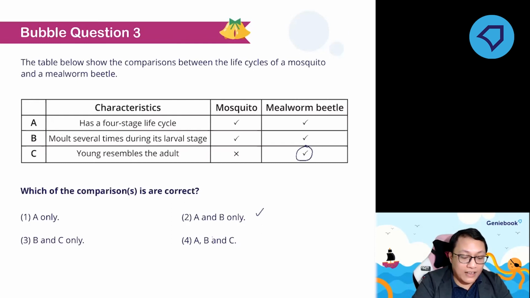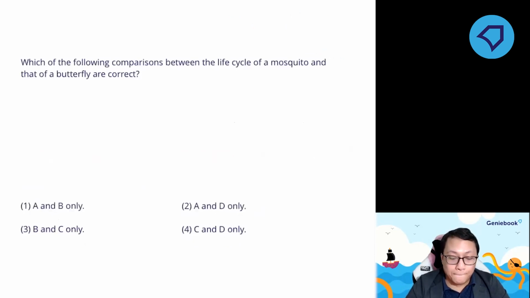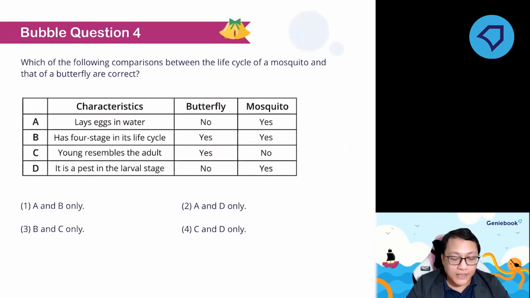No. Okay, so the young of mealworm beetle does not resemble the adult. Larva does not resemble the adult. That's why C is incorrect while the other characteristics and comparisons are correct. Very good. Then how about this?